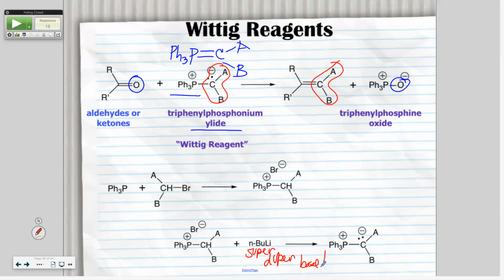What is the conjugate acid of n-butyl? So here is butyllithium. What is the conjugate acid of butyllithium? What do you do to figure it out? You remove the lithium, and what do you put there?